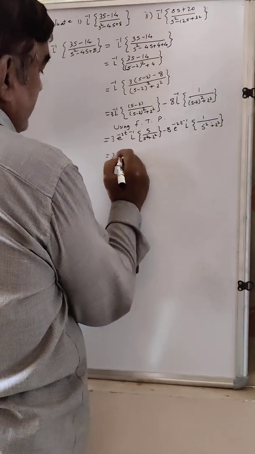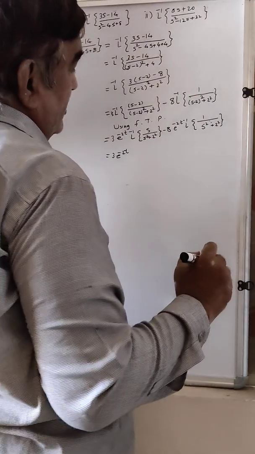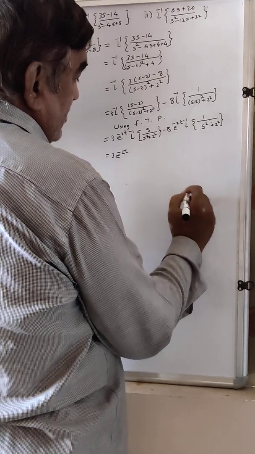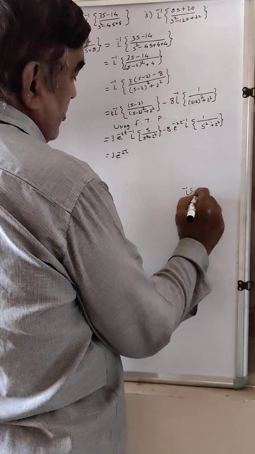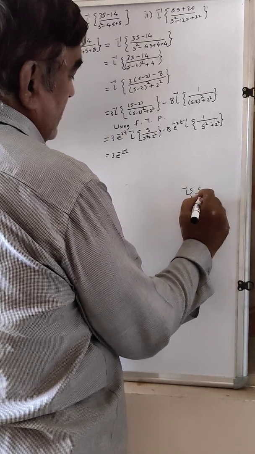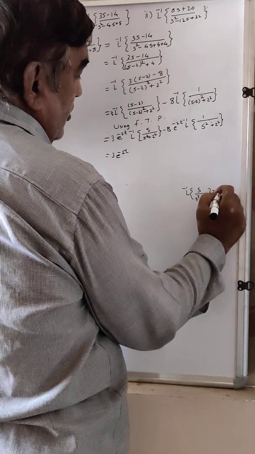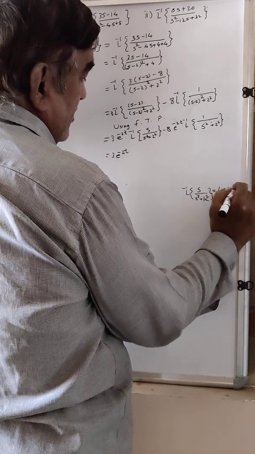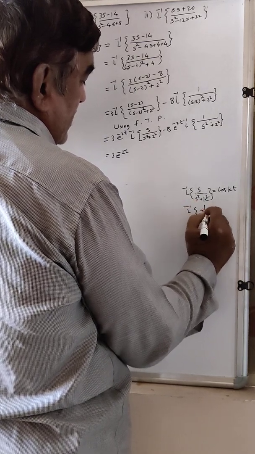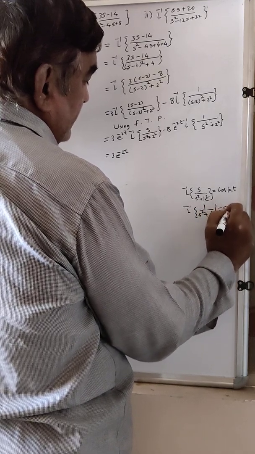Is equal to 3 e raised to 2t Laplace inverse of s upon s square plus 2 square. We know that Laplace inverse of s upon s square plus k square is equal to cos kt, and Laplace inverse of 1 upon s square plus k square is sin kt by k.